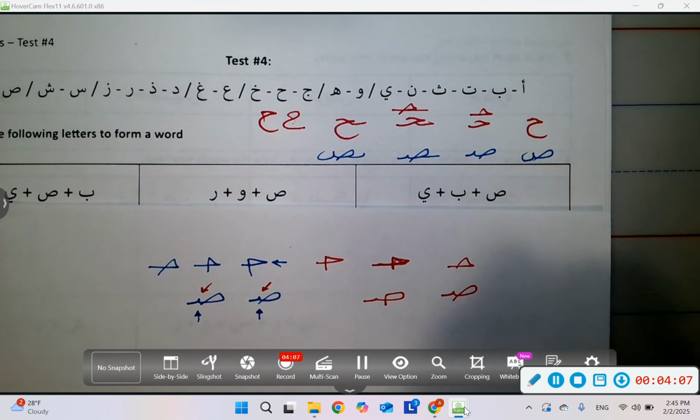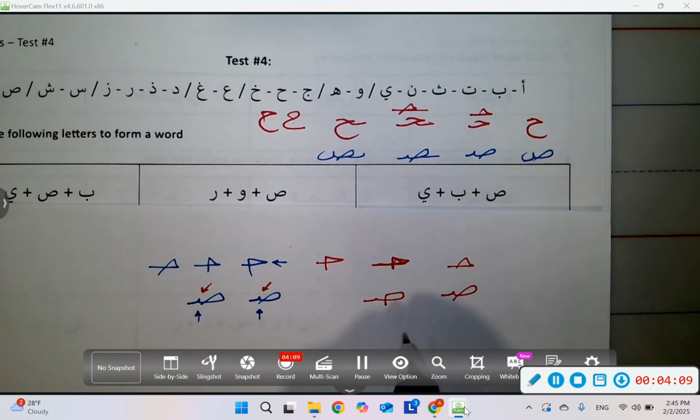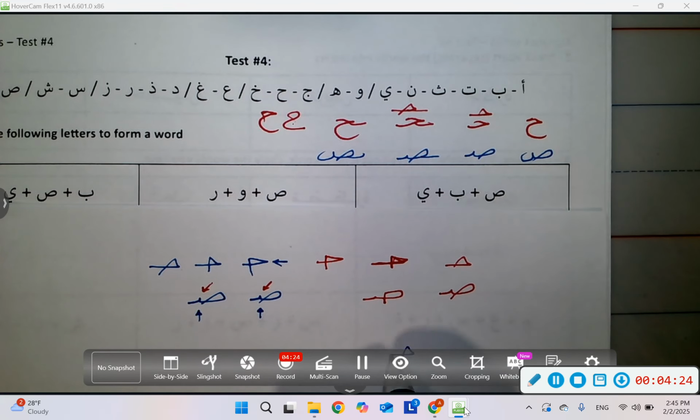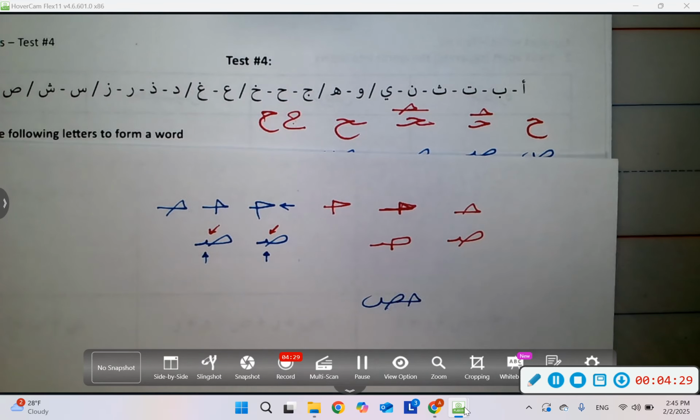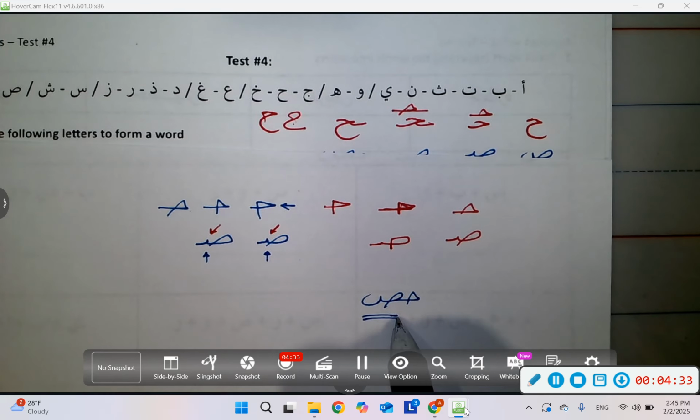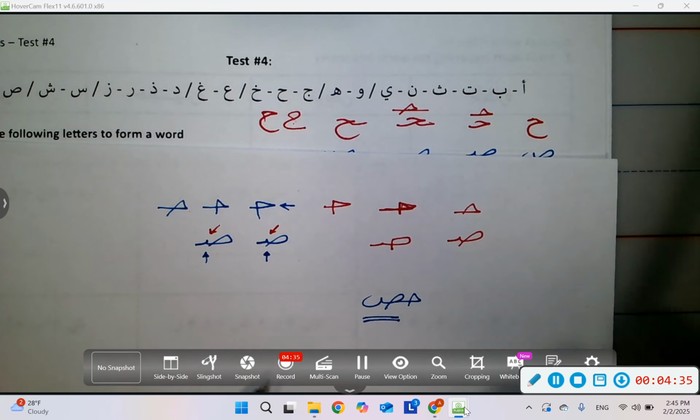Now when it comes at the end, let's say I'm going to write hus. Hus يعني appeal. So sometimes it's a seed too. Hus. This is ha, and this is sa. When you write sa at the end, this is the spike here.